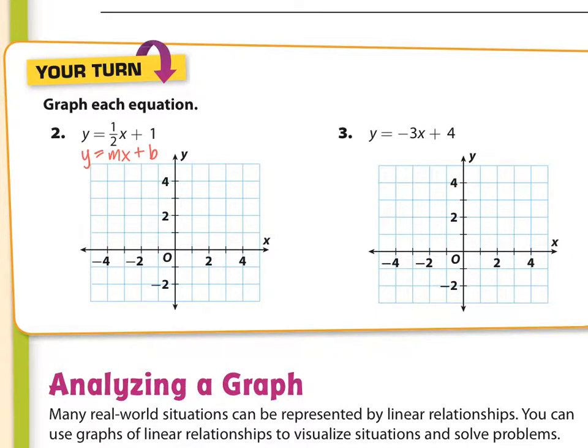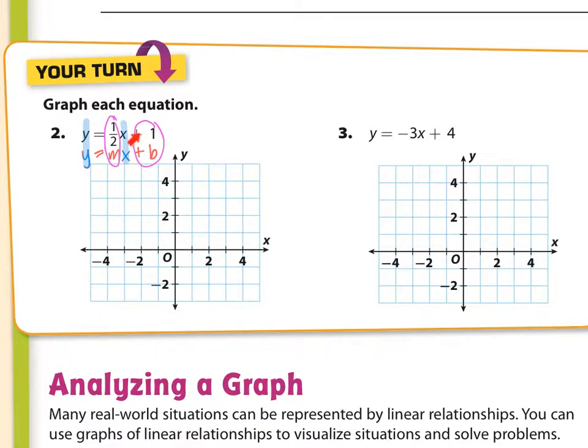Here you'll notice that the y is lined up, the x is lined up, and the m is 1/2. Let's choose a different color here. The m is 1/2, and the b is a positive 1.